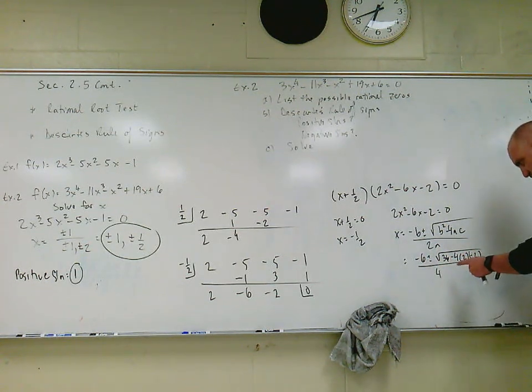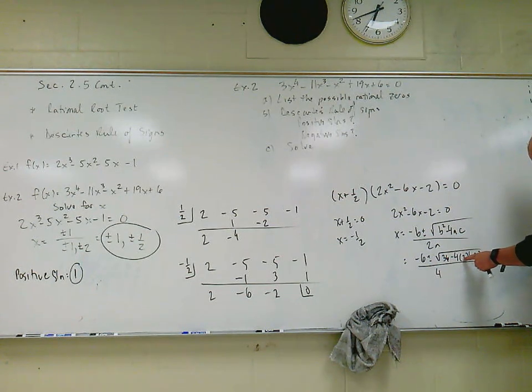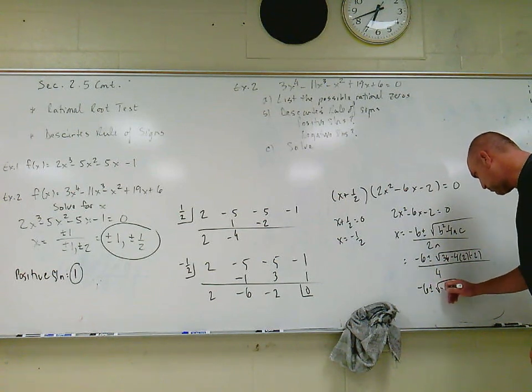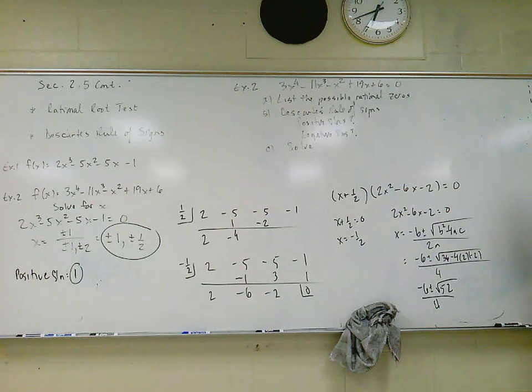Okay, so -b. So let's see, -6 plus or minus the square root. 6 squared is 36. Minus 4, a is 2, c is -2. All over 2a is 4. So let's see, what does this end up equaling? 8, 16 and 36, 52. So not very pretty under the radical. Is there a perfect square we can take out of 52? It's 26 times 2, but it's 13 times 4. So you're going to need to simplify your radicals on the side here.